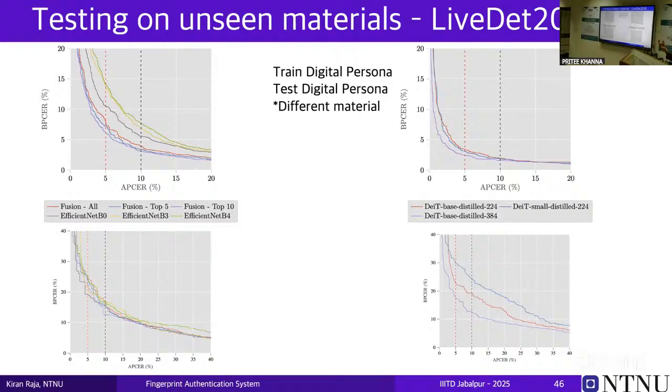So the material used for creating the fake fingerprint is now different. As soon as you have a different material used for creating the fake fingerprint, you see the error rates go up. The 10% that was the error I was getting before, now, just by changing the material, the error rate increases to 25 or 18% approximately.